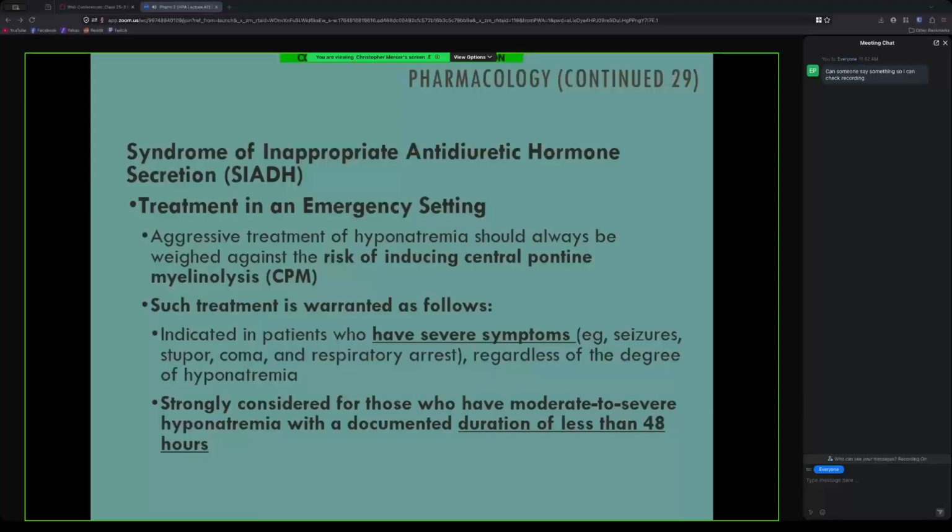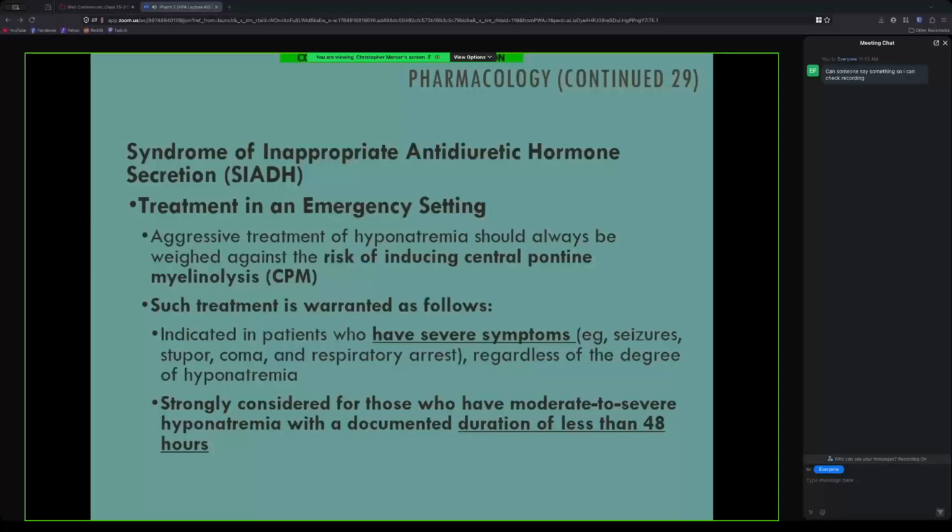So less of a risk there. So we have to correct rapidly because it's acute and they're having moderate to severe symptoms. But we have to weigh that against the opposing danger, which is central pontine myelinolysis. That's the first bullet under treatment in emergency setting, right?